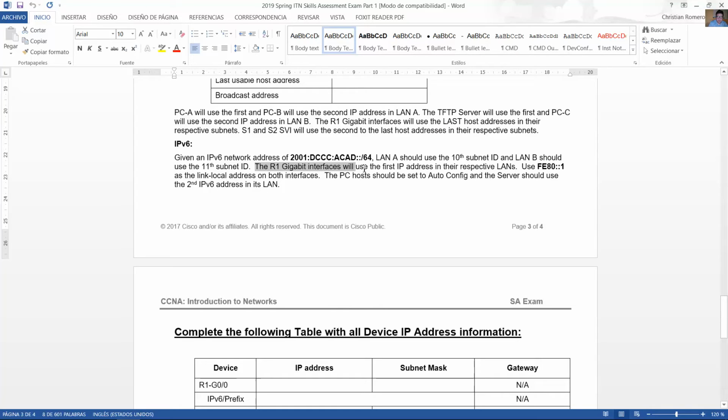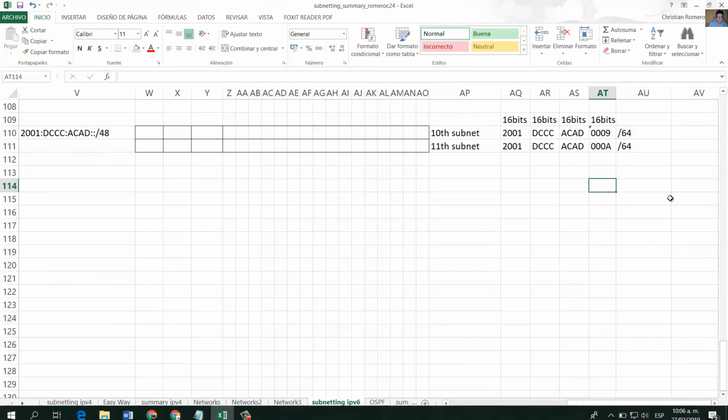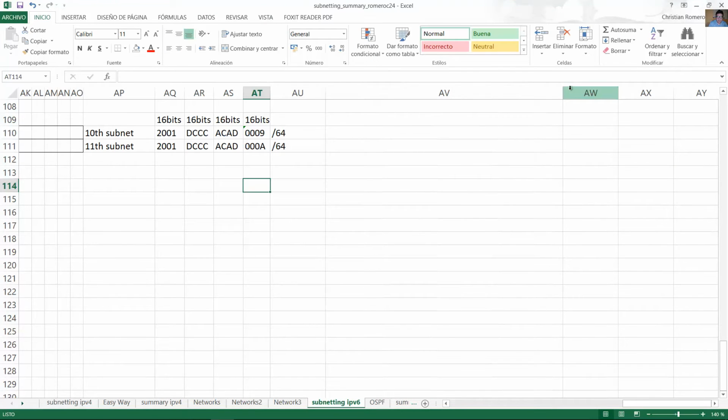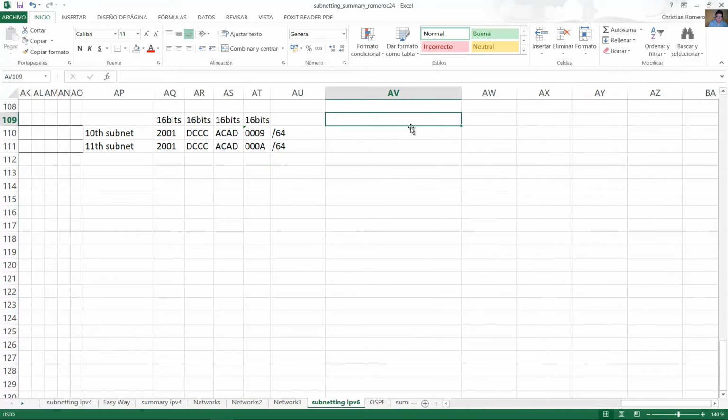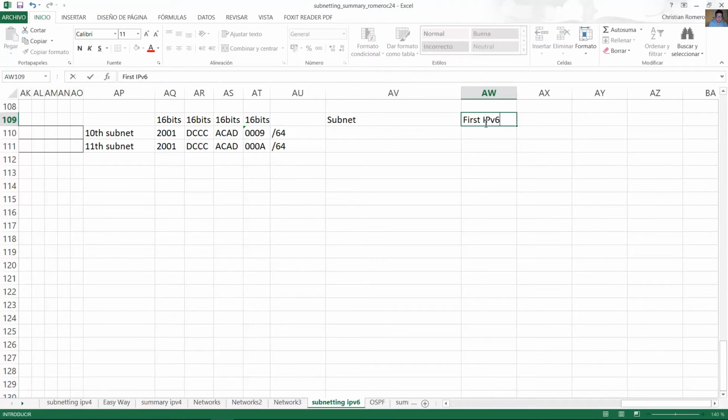The gigabit interfaces of R1 will use the first IP address. Here the subnet, and here the first IPv6 address.